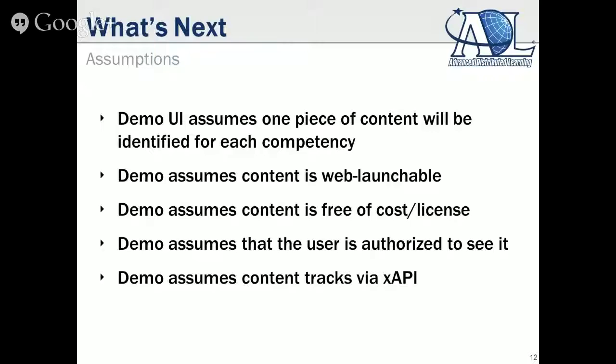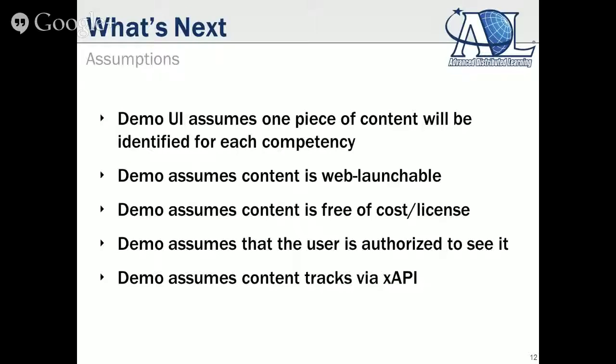So for example, if it's Experience API enabled content, well, you just let it do its thing. If it's a YouTube video, well, then you catch those HTML5 events that it publishes and you track on its behalf. If it's something that doesn't publish events, maybe all you can do is track that it was accessed.